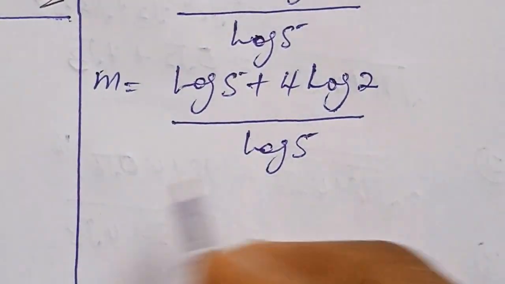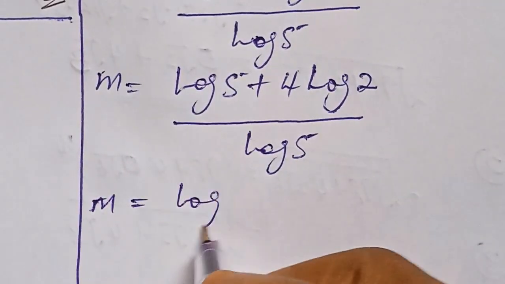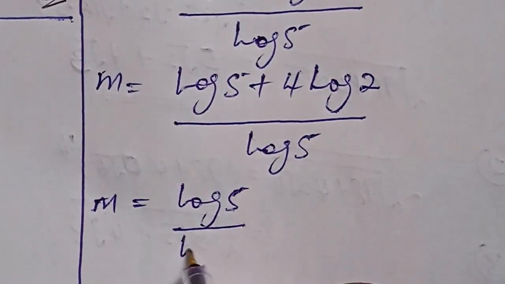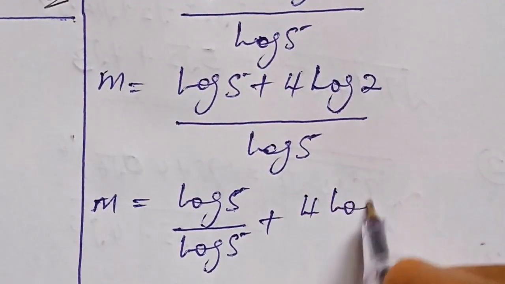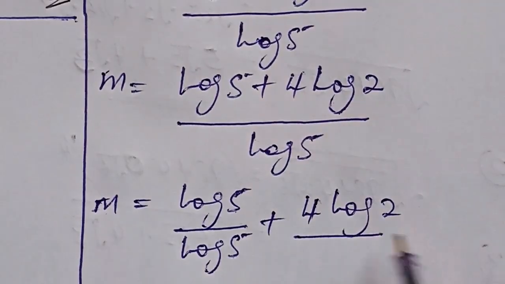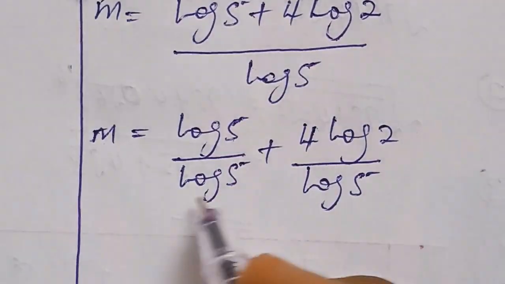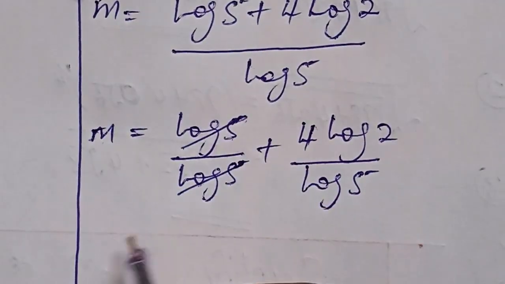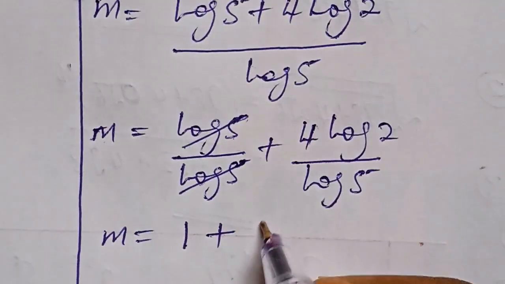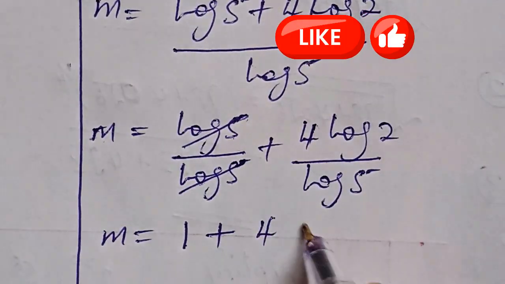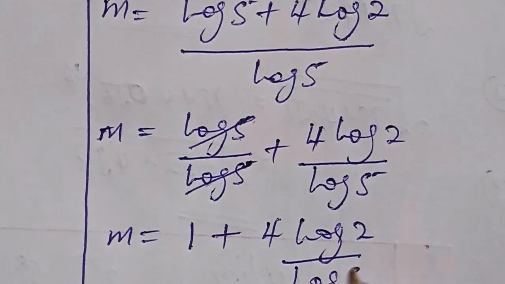Now here we can express this as m equal to log 5 over log 5 plus 4 log 2 over log 5. This log 5 we cancel out. We have m equal to 1 plus 4 log 2 over log 5.